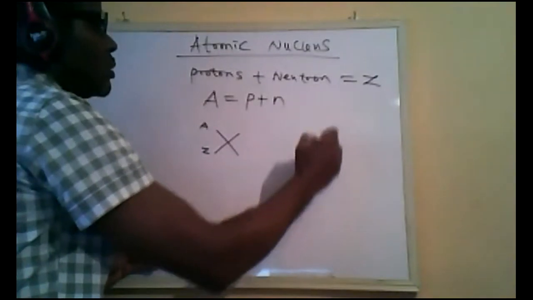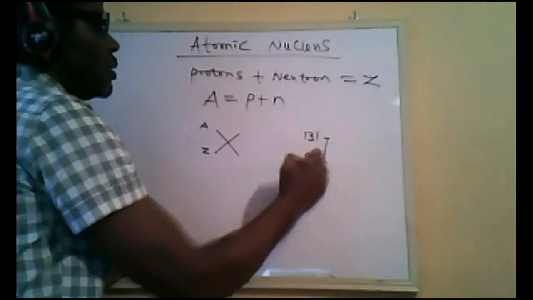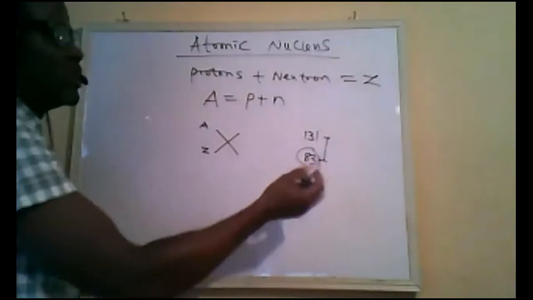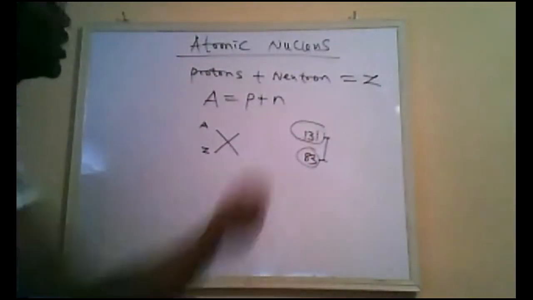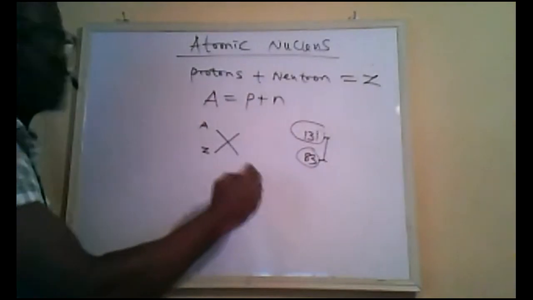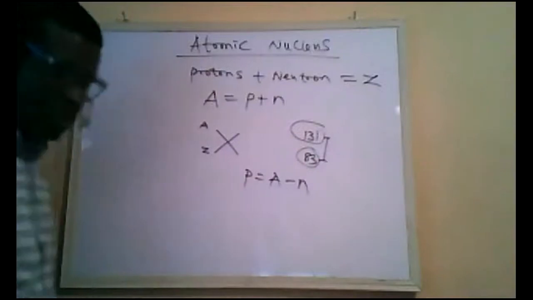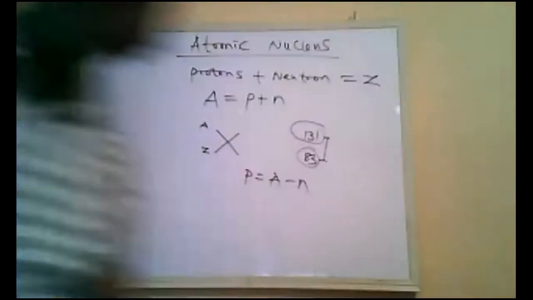Let's say iodine-131. This one denotes the proton number Z, whereas this one denotes the mass number. To get the proton number from the mass number, you simply do this small arithmetic to get the number of protons in an atom.